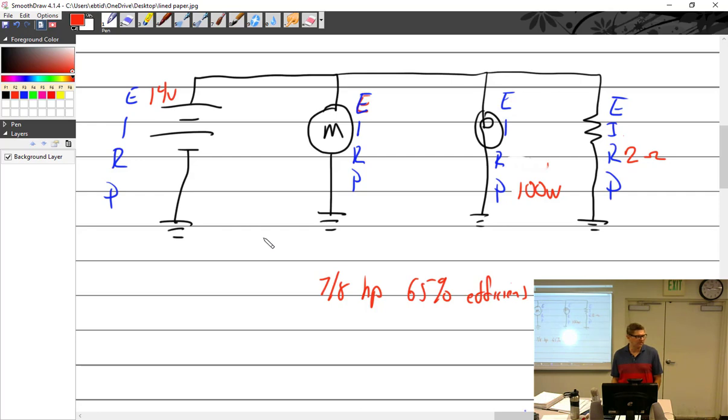Anybody completely lost? There are 3 things you can fill out instantly. At least get that done. That makes 4 things. That makes 5 things that quick. 1, 2, 3, 4, 5 things you can do super fast. That'd be the volts, volts, volts, I, and then P. See that? Then you should be able to work the light bulb back real fast. Now you're just going to be stuck on the motor.